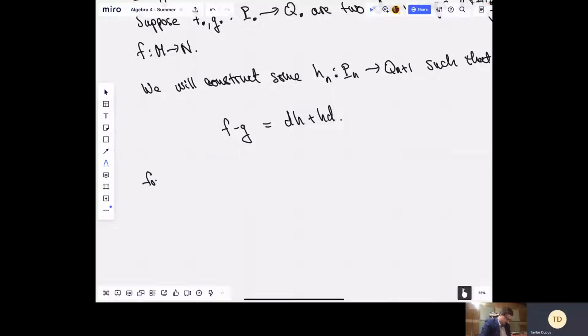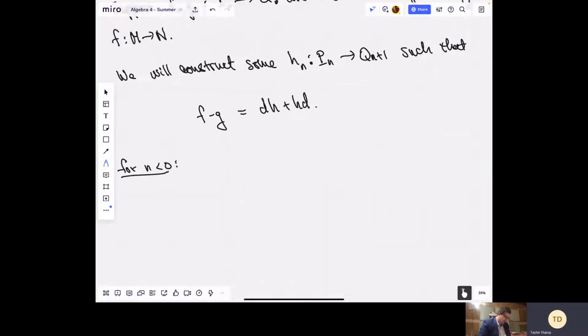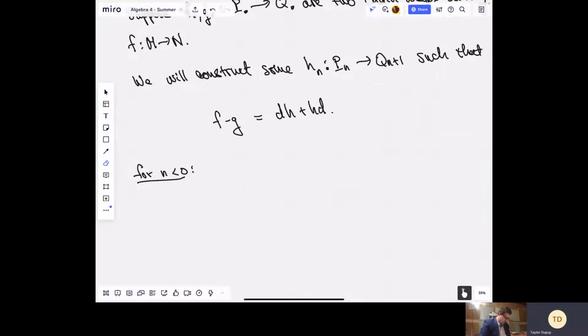For n less than 0, since Pn is equal to 0 for n less than 0, the map Hn from Pn to Qn plus 1 must be 0.